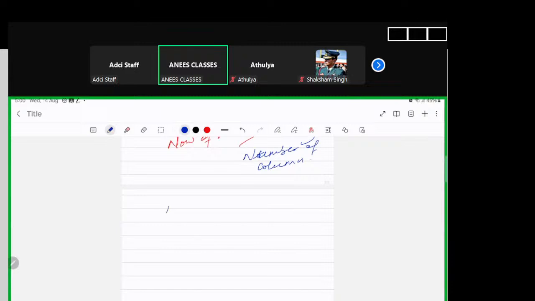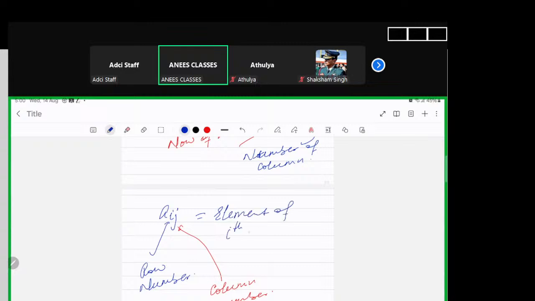Now suppose that I am writing an element Aij. I represents row number. J represents column number. So this will be read as element of ith row and jth column.